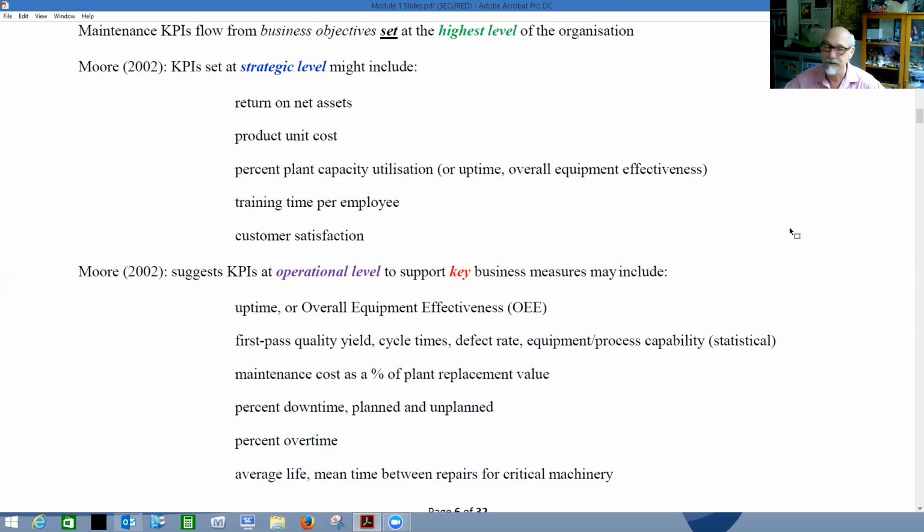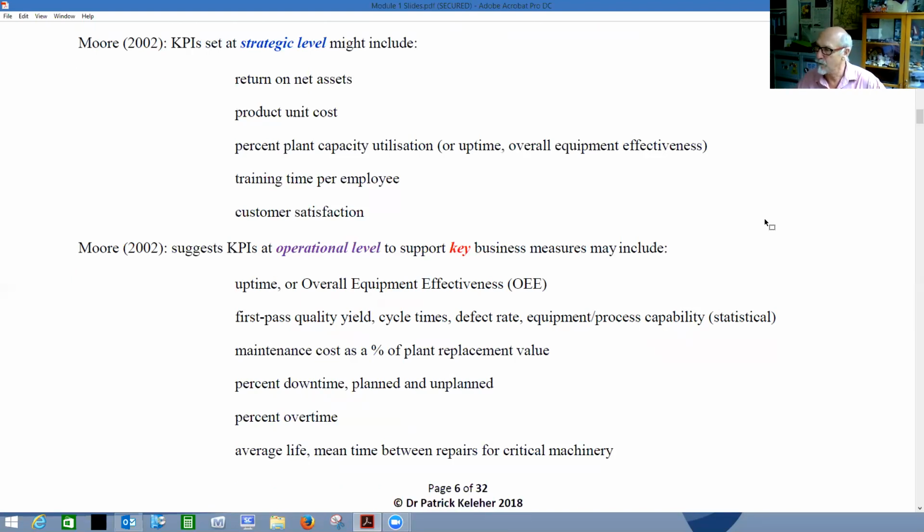Percentage overtime that you're paying if you're pulling people out and they have to spend a long time either out in the field or in the workshop fixing stuff. From that operational level, that means your costs are going through the roof. The average life, mean time between repairs for critical machinery. All good ways to start measuring performance indicators.